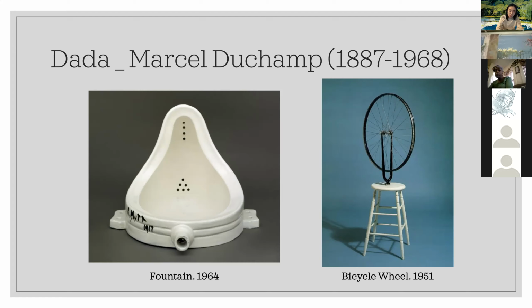So by simply choosing the objects and repositioning or joining, titling and signing it, the found object became art. So Marcel Duchamp, the Dadaist artist, created the ready-made style of art.